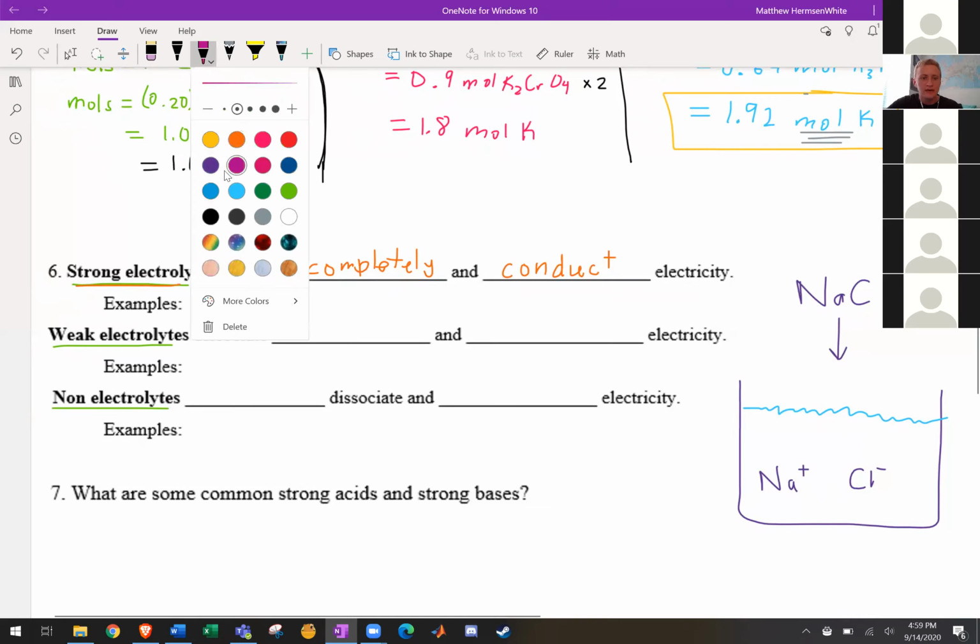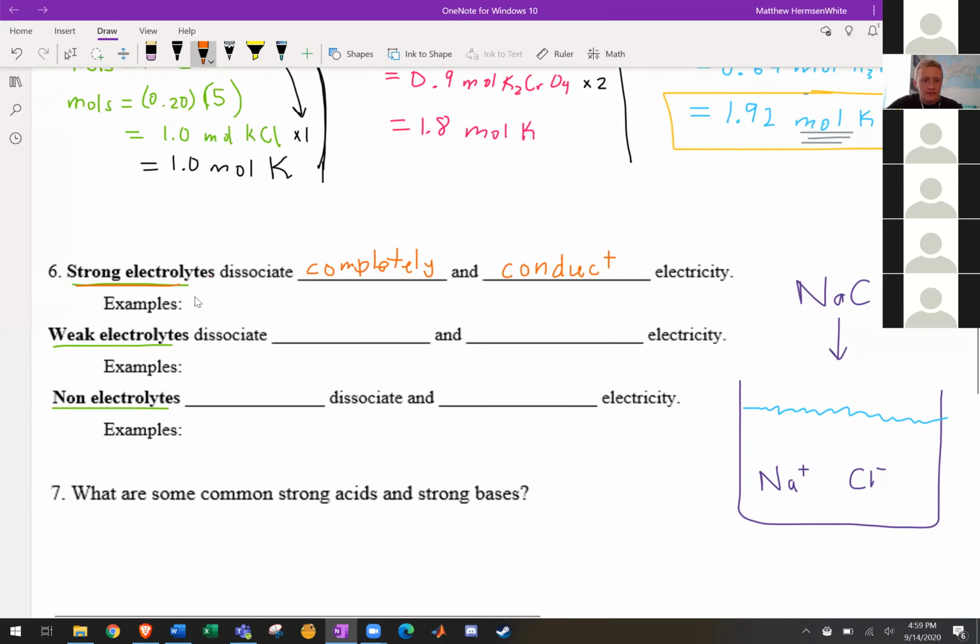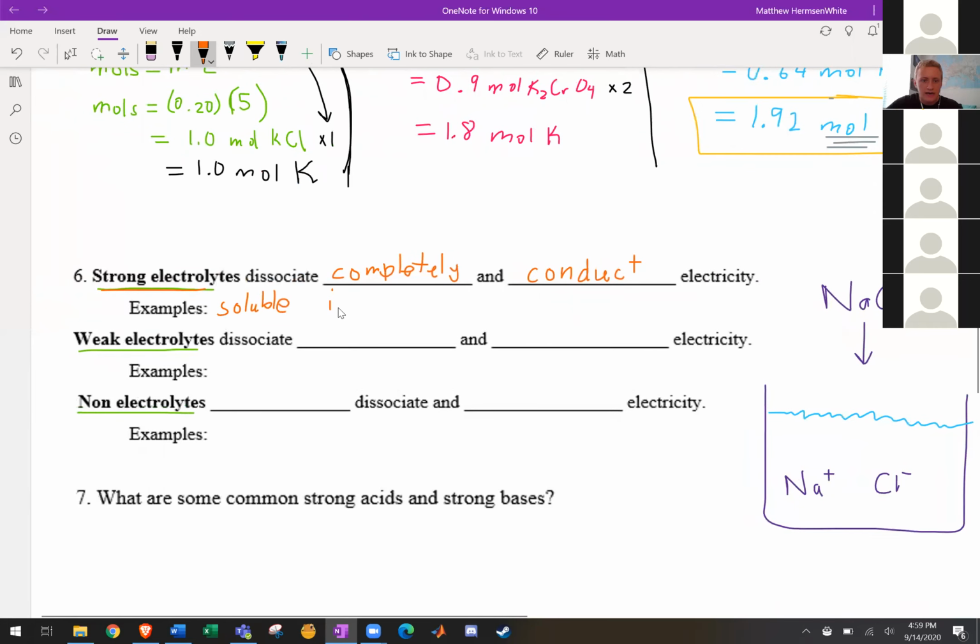Now these are going to be soluble ionic compounds, and we'll talk about solubility on Wednesday.